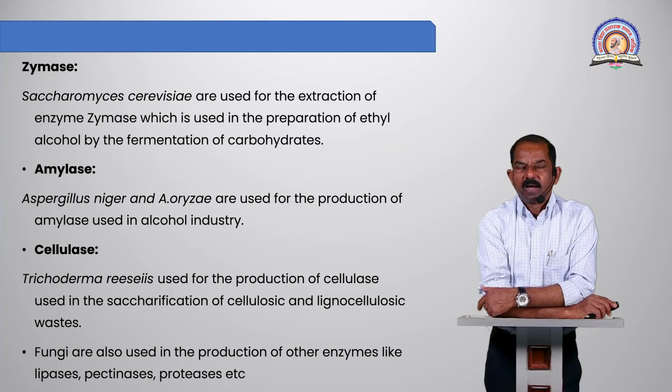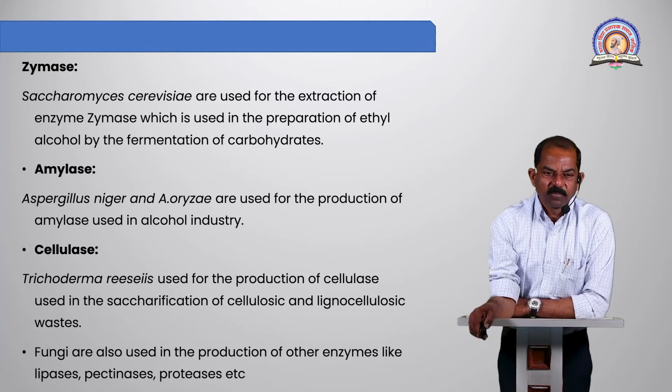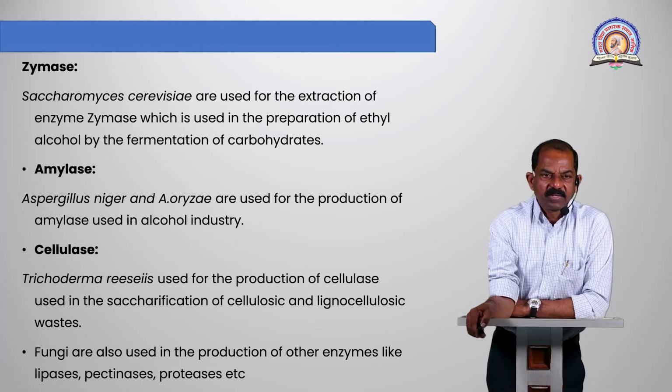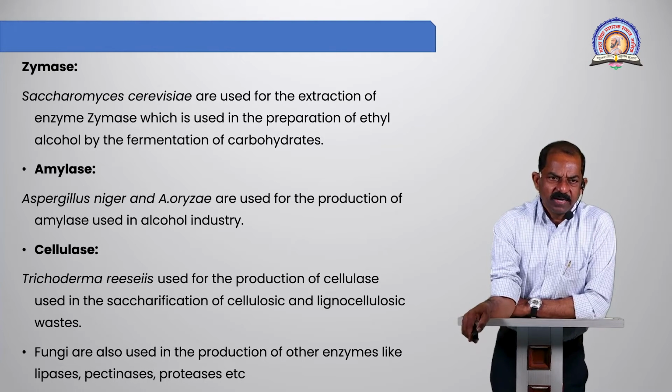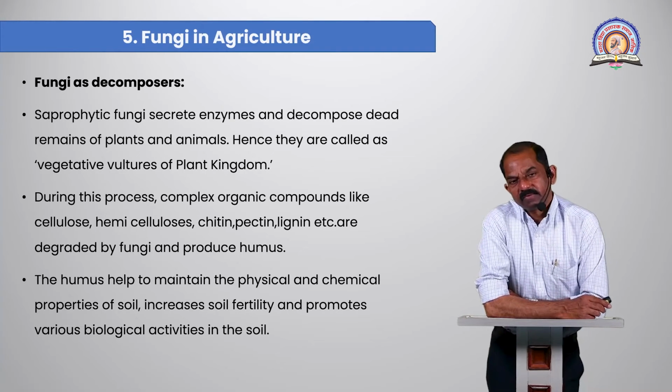And in this way, fungi play an important role in the production of different enzymes. So, friends, one by one, like food, like medicine, like organic acids, enzymes are also produced from fungi.